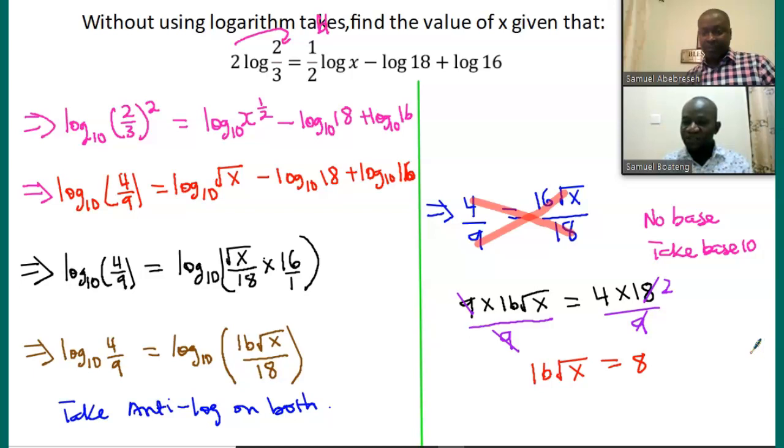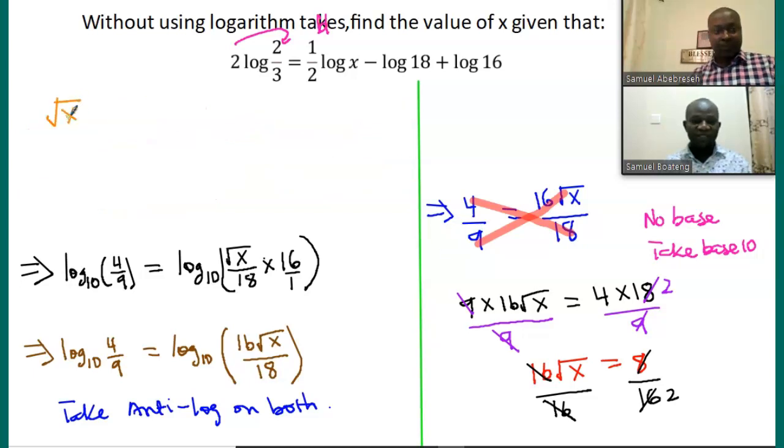So we can also divide both sides by 16. So 16 will cancel 16. So 8 will go there, yes, 2. So root x equal to 1 on 2.